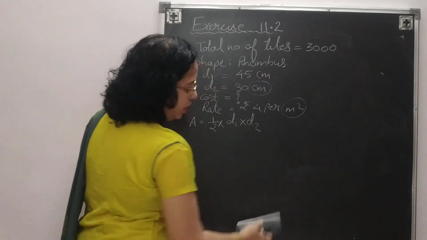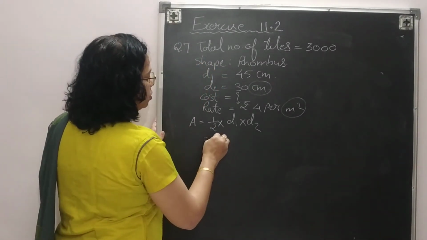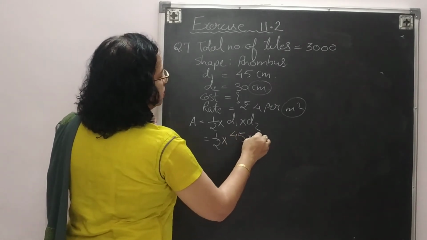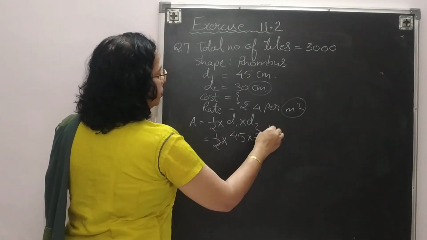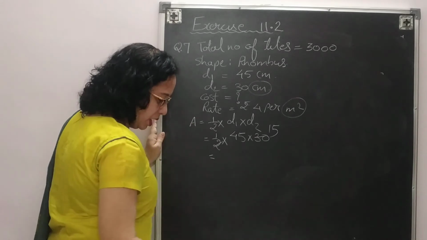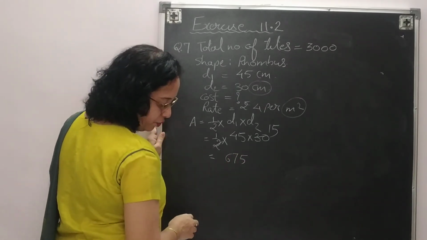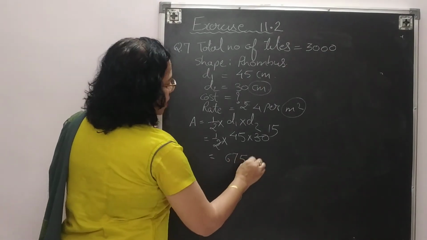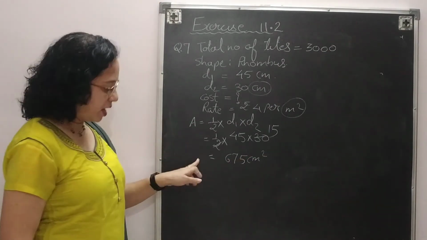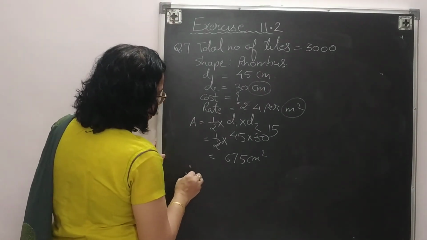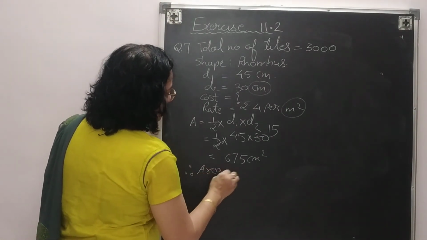Okay, so we got the area. Now substitute the values. D1 is given 45 and D2 is given 30. Cut the number. When you multiply, you will get here 675. Units are centimeter. So this is the area of one tile. So you need to find therefore the area of 3000 tiles.